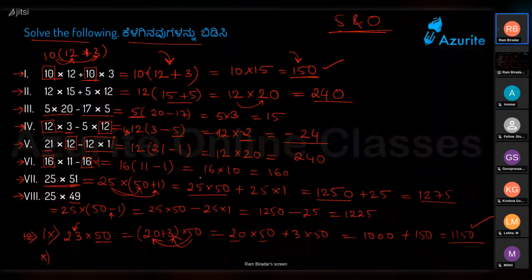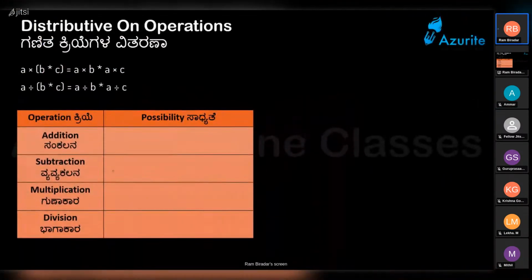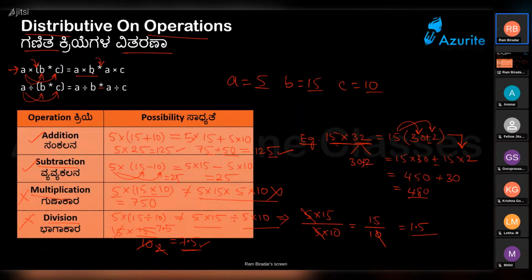So very simple. So I will explain it once again. Okay. So here, what is the distribution? In multiplication, we have to multiply inside. In division, we have to do it directly. I did not do it for division, I only did it for multiplication. So mainly it is used in multiplication only.